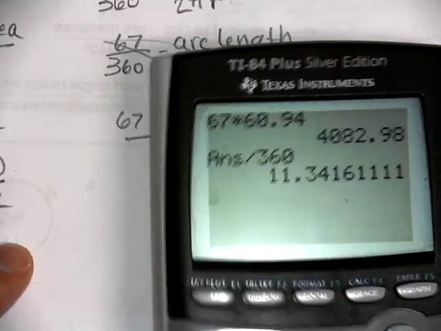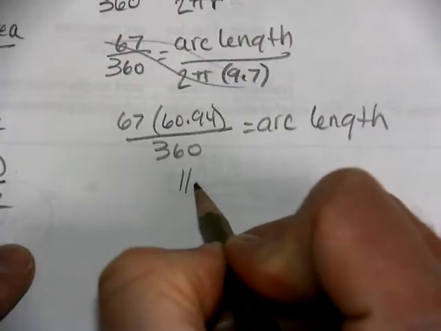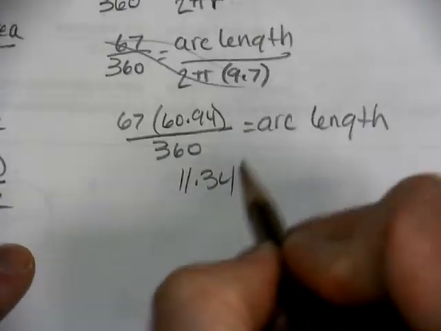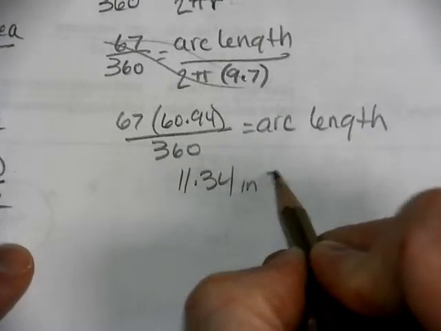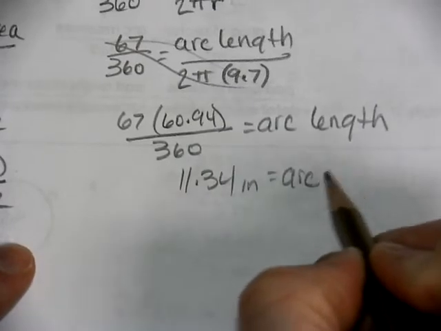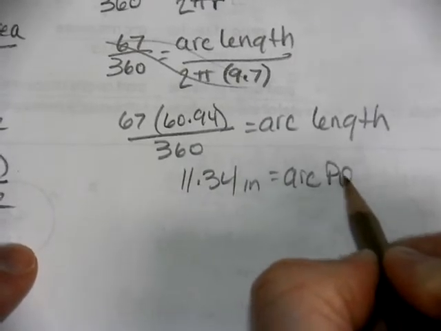And that gives us 11.34. This is a length again, so it's just inches. So this is arc PQ.